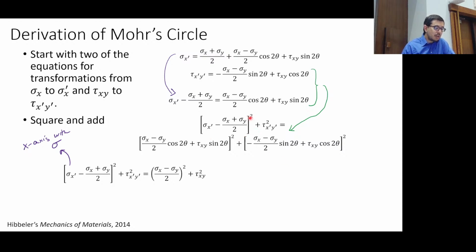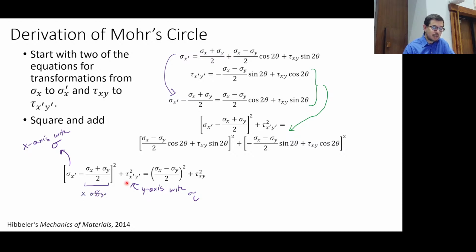This expression right here is going to describe an x-axis, and this expression right here is going to describe an offset. This expression right here is going to describe the y-axis with tau.